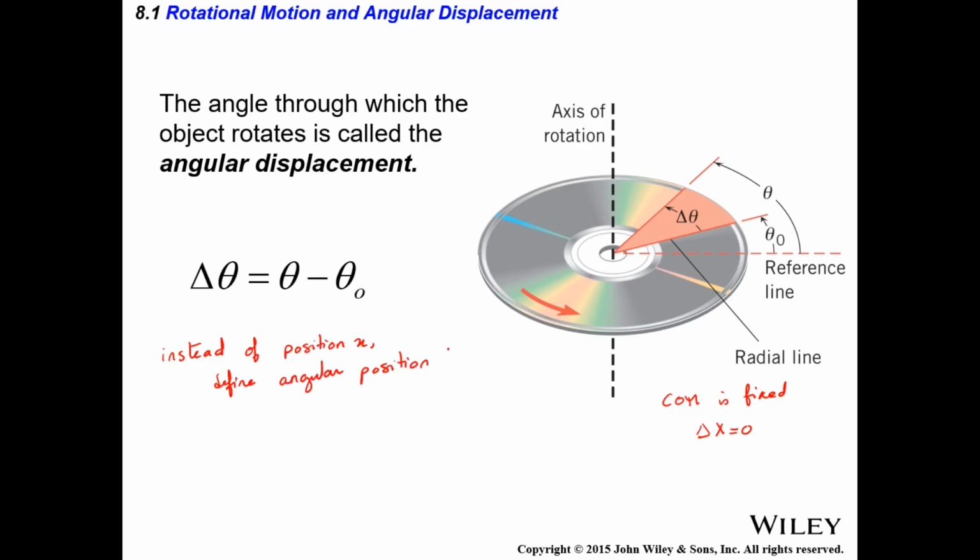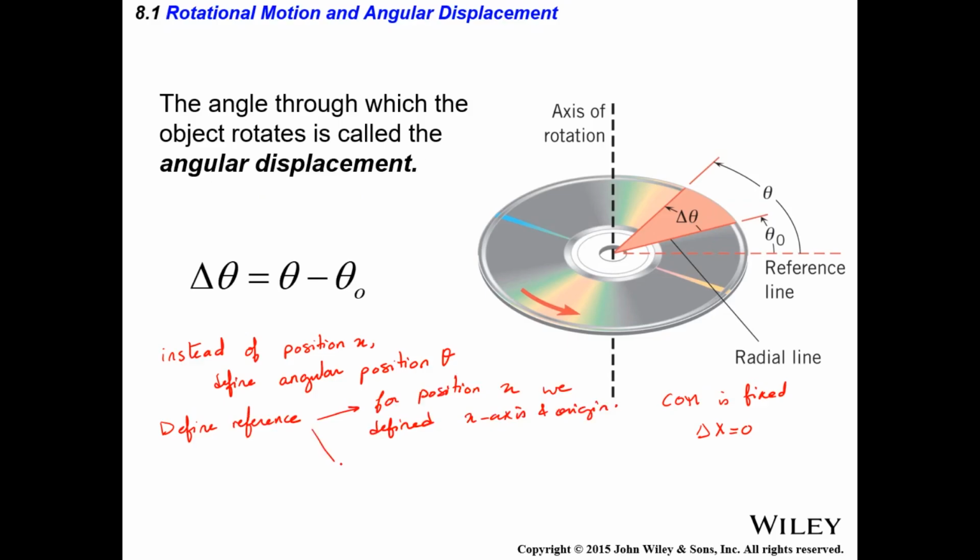The angular position theta will be basically the angle that a certain point on the object makes according to a reference, as we did before. For the position X, back then we defined the x-axis and the origin and measure with respect to them, and you would choose the origin wherever you want, just measure everything with respect to that.